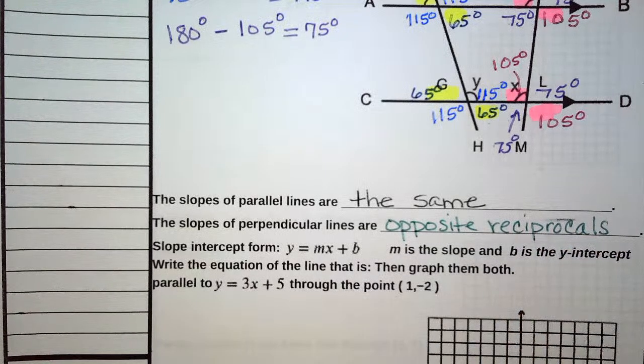Opposite means that one's positive, one's negative. And if they're horizontal and vertical lines, we know they're perpendicular. One slope is undefined and the other is 0.